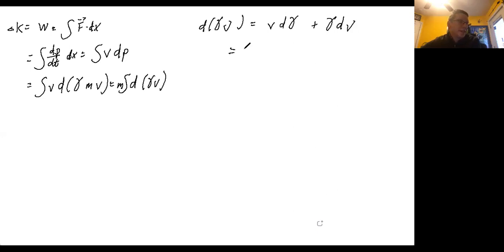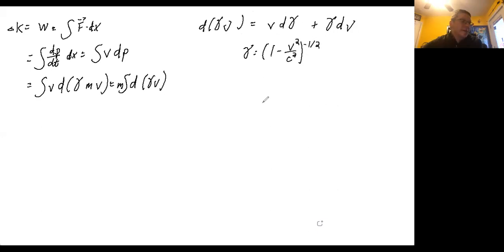So we need to solve for this. The first thing we need to do is figure out what d gamma is. So gamma is equal to 1 minus v squared over c squared to the negative 1/2.